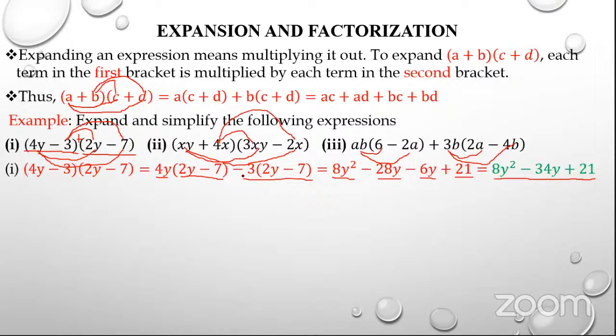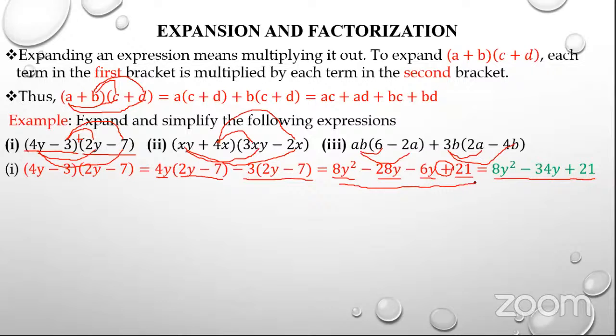Then minus 3 times 2y is minus 6y. Then minus 3 times minus 7 will give us 21, because when negative multiplies negative, it becomes positive.